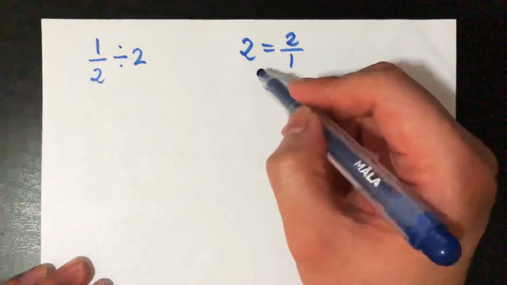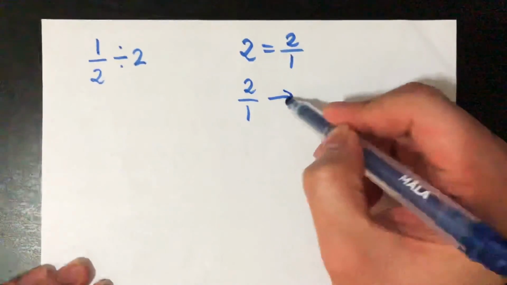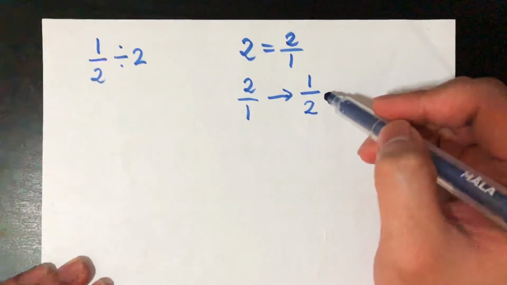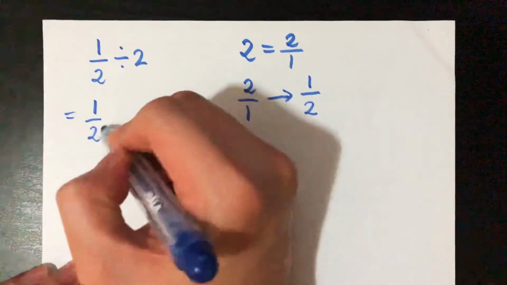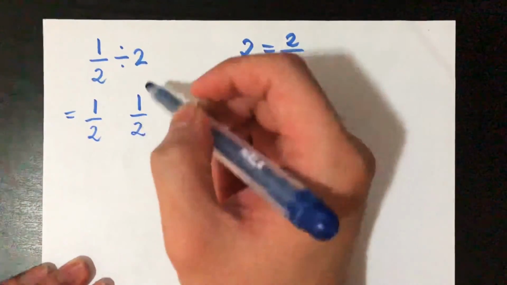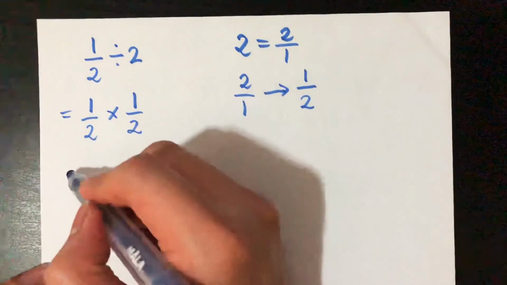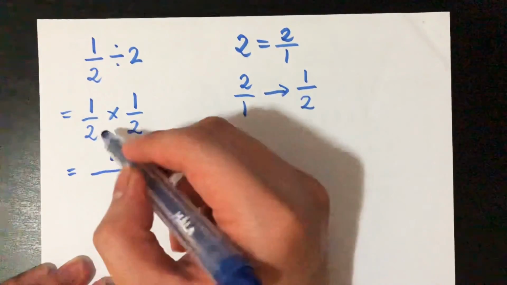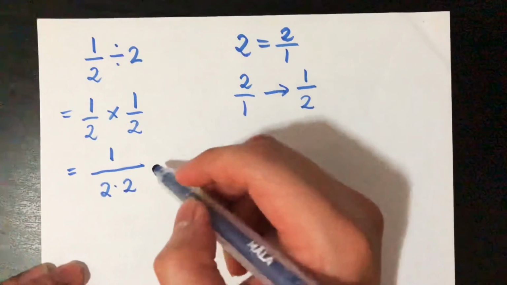Then we get the reciprocal of 2 over 1, which is 1/2. So we rewrite this again. We have 1/2, then 1/2, then we change the division sign to multiplication sign. So this is 1 times 1, which is 1, over 2 times 2, which is 4.